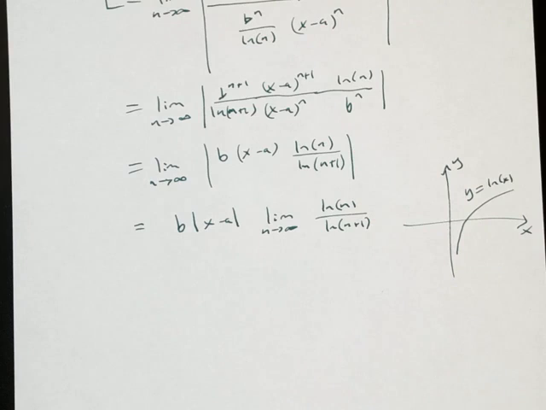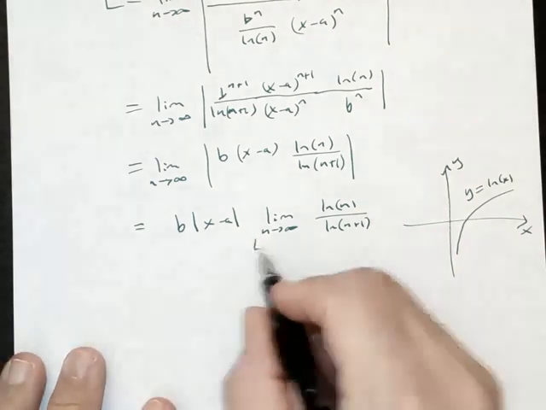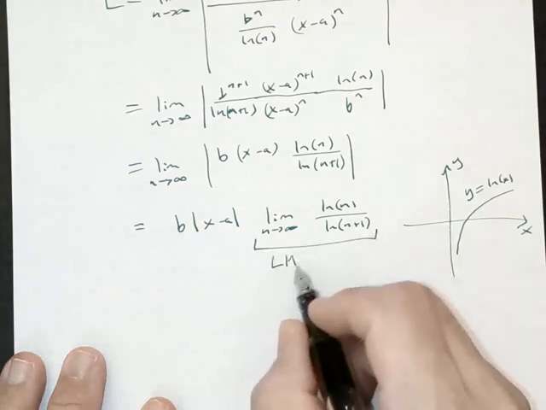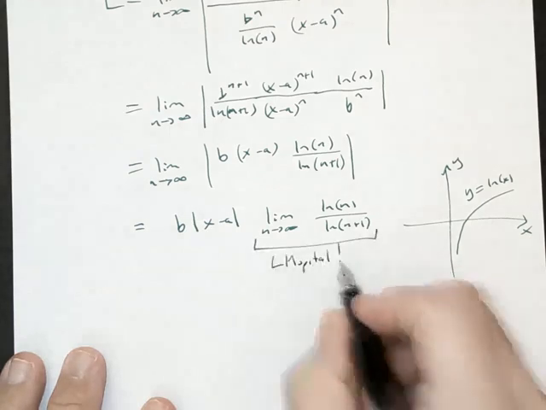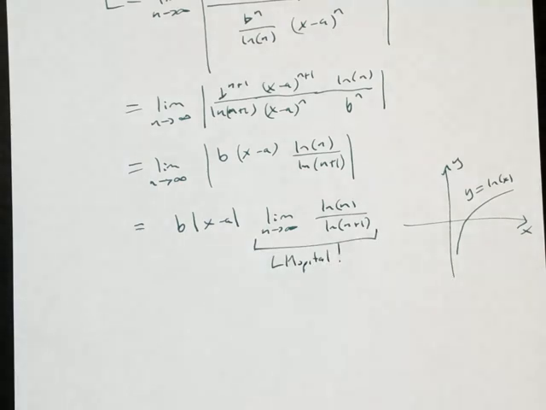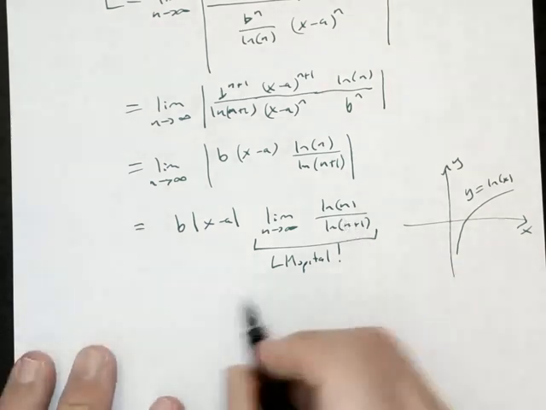Look, L'Hopital's rule to the rescue. That's infinity over infinity. What's the derivative of ln of x? 1 over n, then for the top.